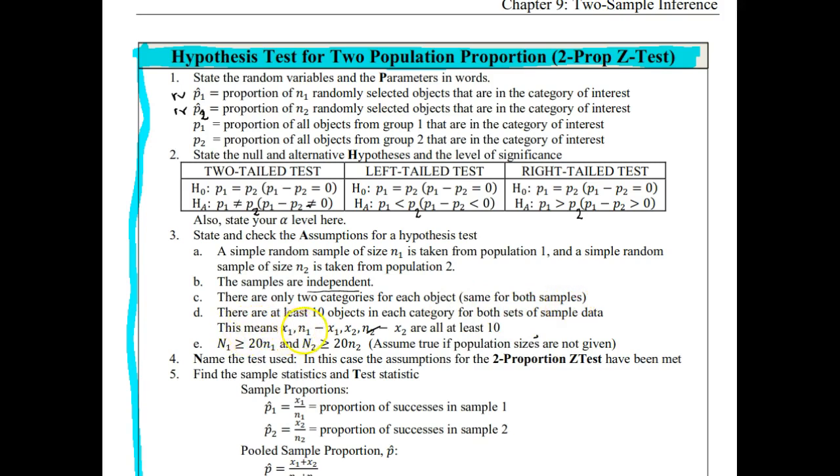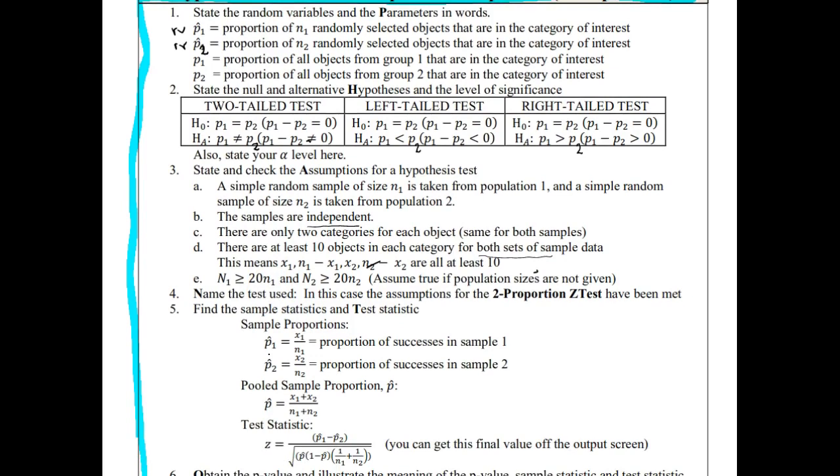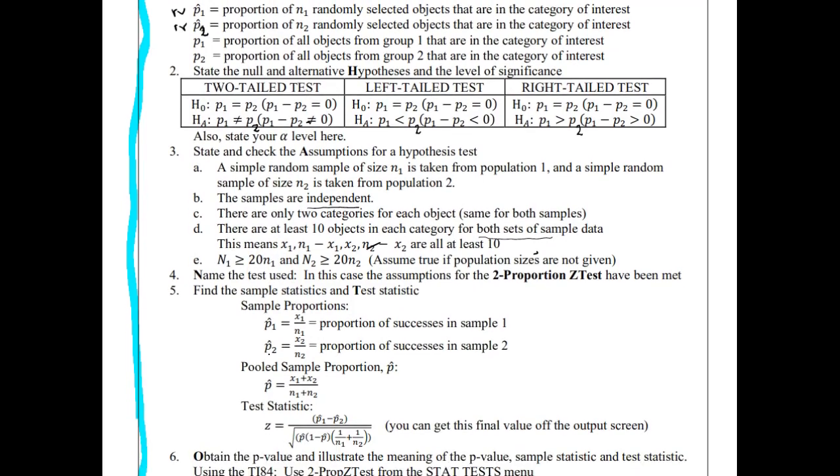And we need at least 10 objects in each category for both sets of sample data. So that means we need x1 and n1 minus x1, and also x2 and n2 minus x2. All of those need to be at least 10. And the last one: typically we're not given the population sizes, but if so, we need the population size to be greater than or equal to 20 times the sample size for both groups. If those conditions are met, then we have met the conditions for this 2 prop Z test.